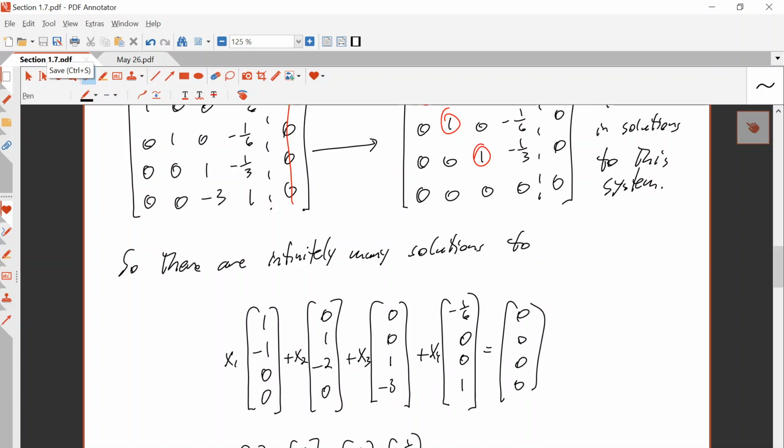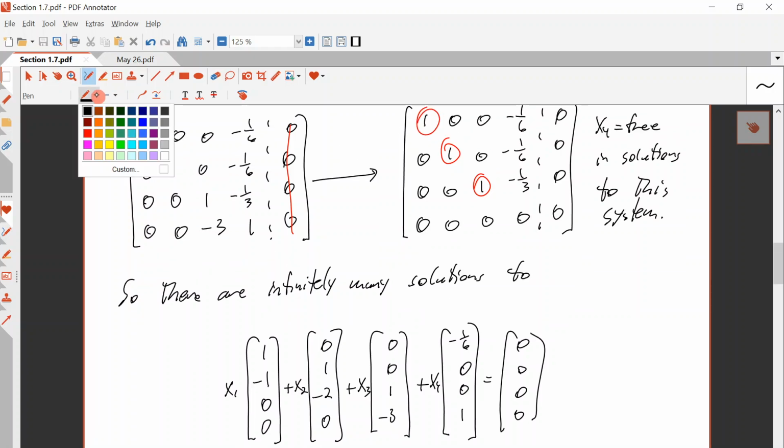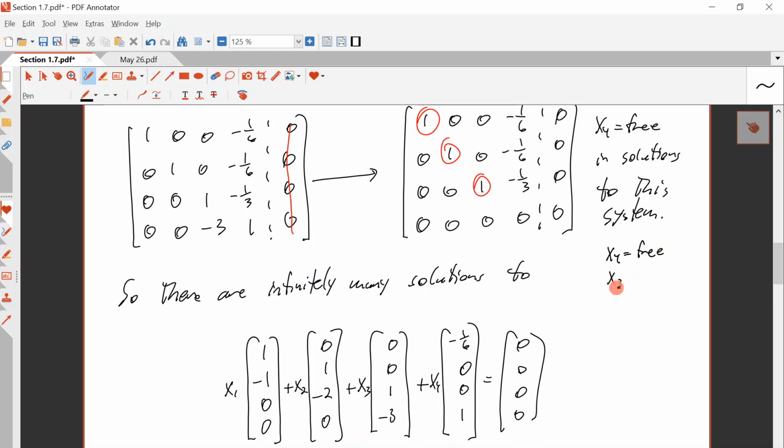Oh, by the way, what would be a solution to this other than the trivial solution? Why don't we actually write one of those down, right? I mean, if we had, say, x4 is free, x3 is then equal to 1/3 x4, x2 would be equal to 1/6 x4, and x1 is equal to 1/6 x4, right?